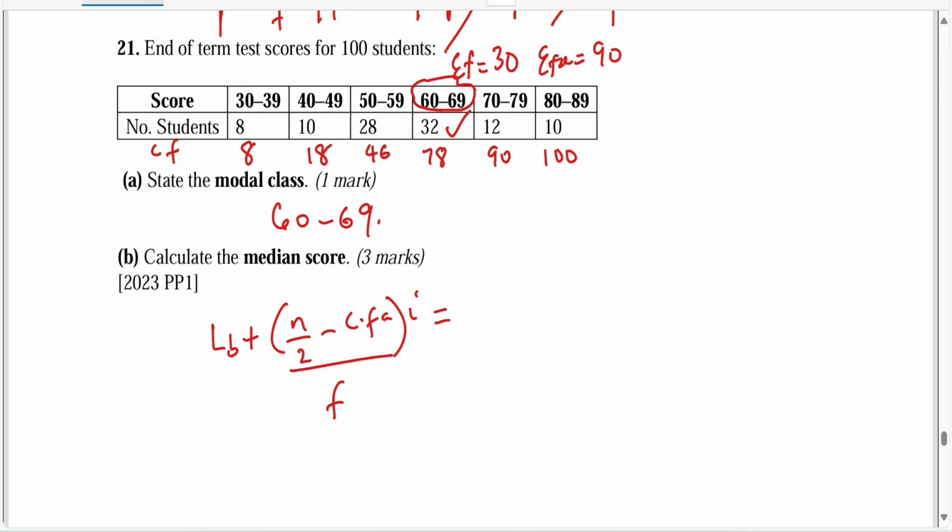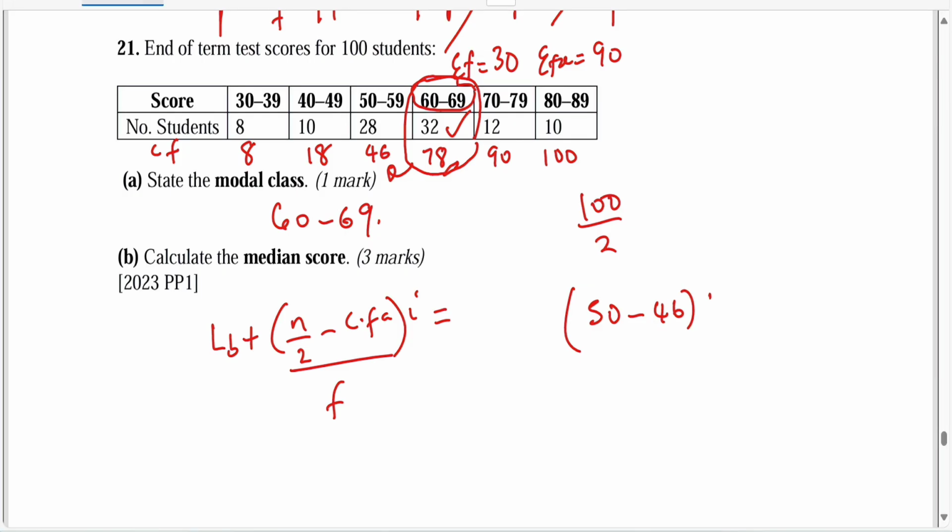So lower boundary, right? So let's search for n over 2, which is 100 divided by 2. So 100 divided by 2 is 50. So let's search for 50 in the cumulative frequency. Your 50 is here. So 50 minus cumulative frequency above, which is minus 46, times your i, 60 to 69.